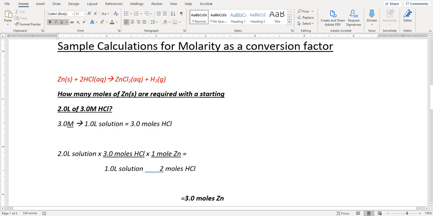So, first off, here is the liters of solution and molarity, like we learned before. You need to go ahead and convert it into an equality for use as a conversion factor.